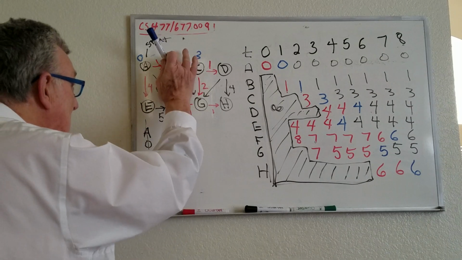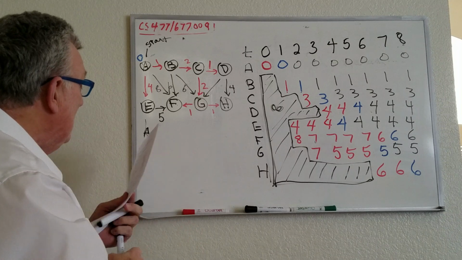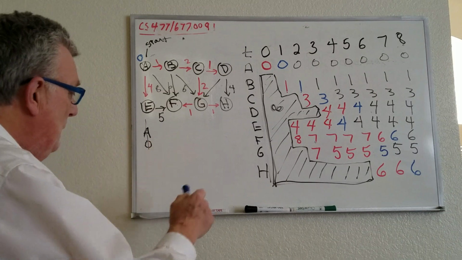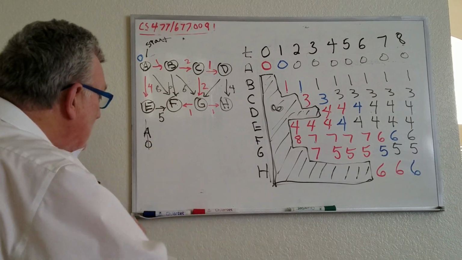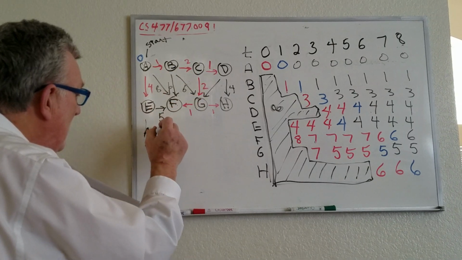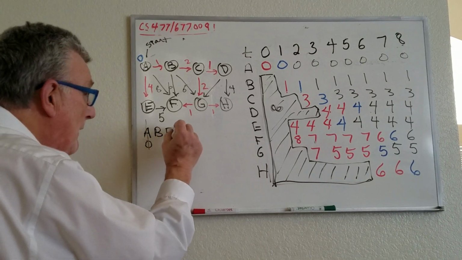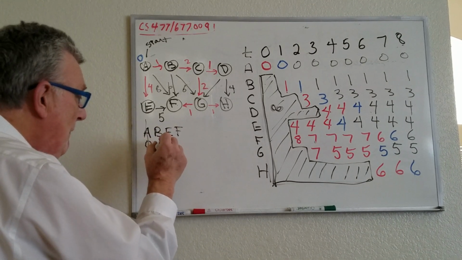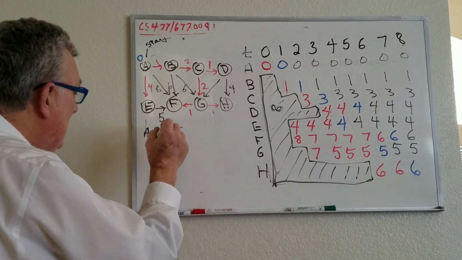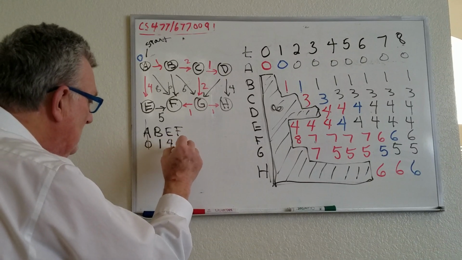I'm representing that as a blue number here. Maybe I should use green instead, but I'm using blue. And we then push on all of the out neighbors of A, which are B, E, and F. These have weights: the cost of B is 1, E is 4, and F is 8.